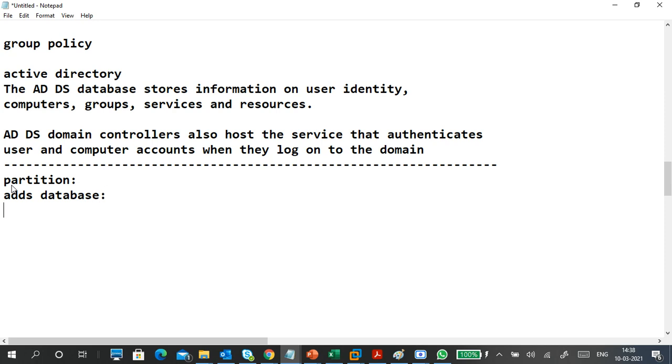What is the name of the database? It is ntds.dit. What is ntds.dit? NT means new technology. Whenever you see NT in Windows, it means new technology. Okay, NT Directory Service.